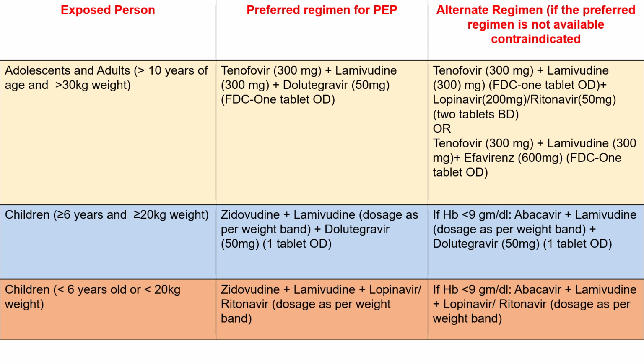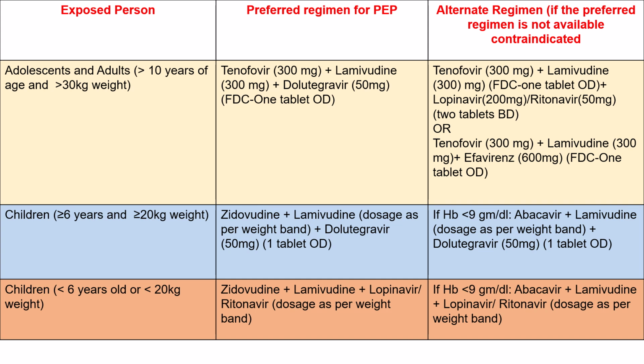Alternate regime is tenofovir, lamivudine FDC 1 tablet OD, and lopinavir or ritonavir 2 tablet BD, or tenofovir, lamivudine, or efavirenz. It is given in adults.